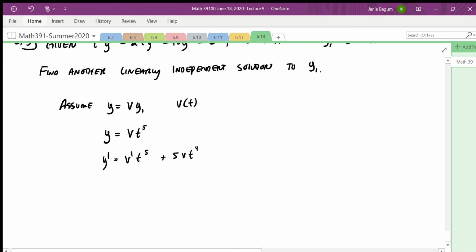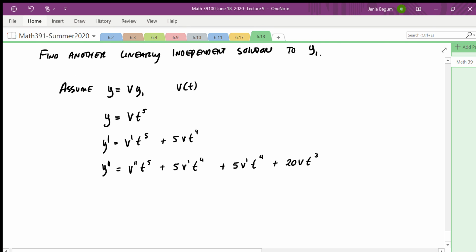And now compute its second derivative. So we have v double prime t to the 5th plus 5 v prime t to the 4th, and then differentiate the second function of y prime. We get plus 5 v prime t to the 4th plus 20 v t to the 3rd.